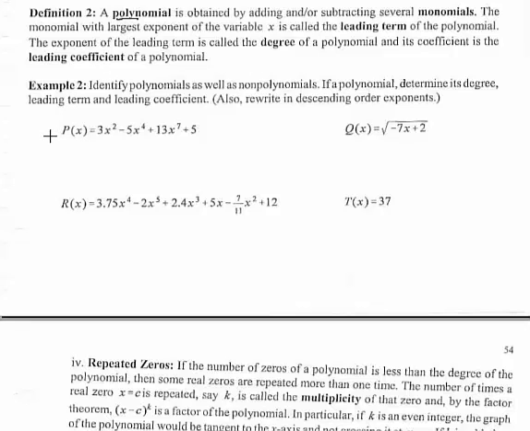So example 2, we are going to pick out these different properties of the polynomial. So what is the degree of p? Well, we scan through our terms. All of them have positive integer exponents.